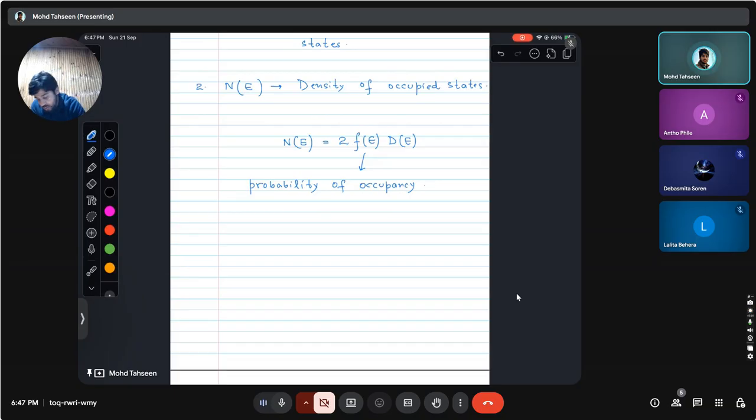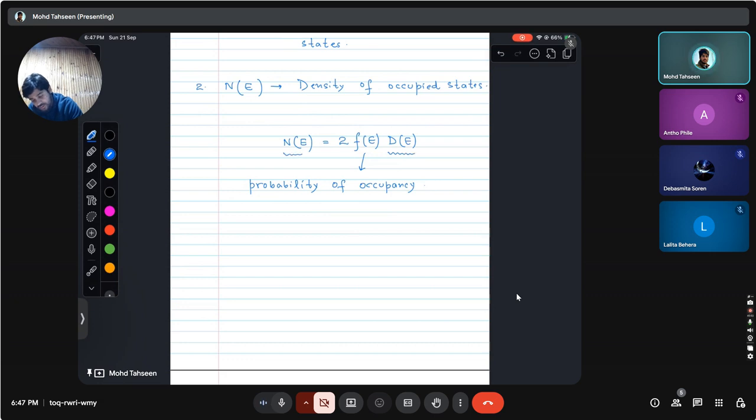So what it says is the density of occupied states is equal to the density of allowed states multiplied by the probability that those states are occupied. This is very straightforward from the principles of probability. So now, how do we find this?